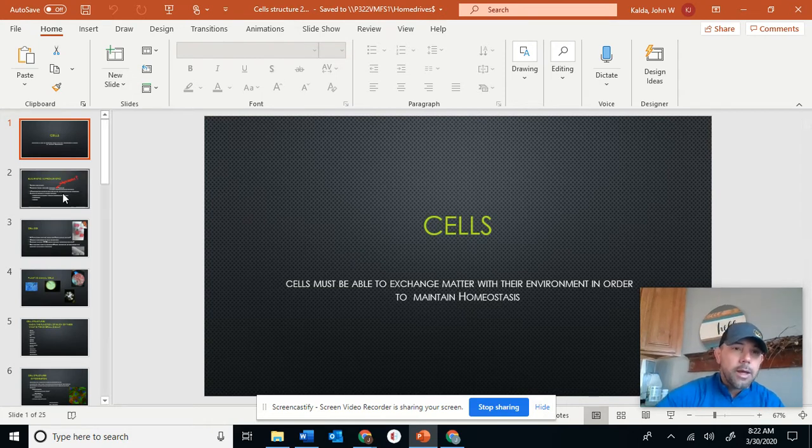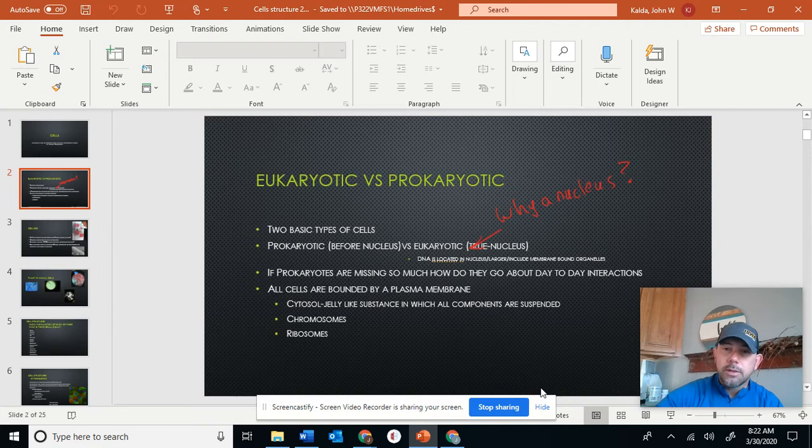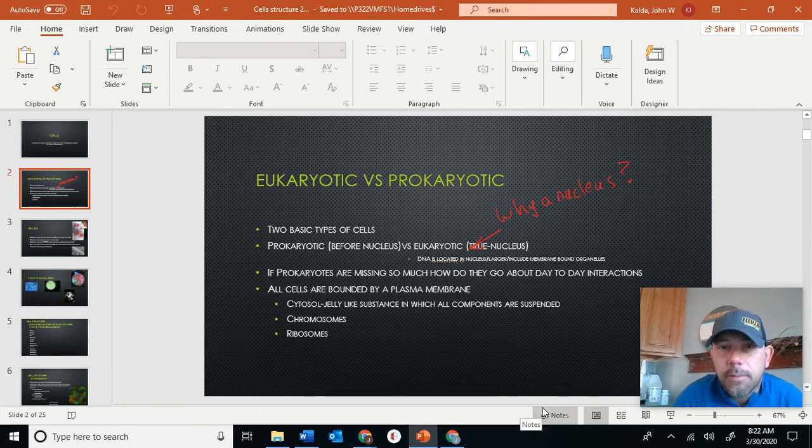Probably the biggest thing we need to understand, and this is something you should know for the whole year, and something you should know from regular bio, is simply the differences between the eukaryotic and prokaryotic cells. So when you look at cellular classification, you have your classification of prokaryotic versus eukaryotic cells.